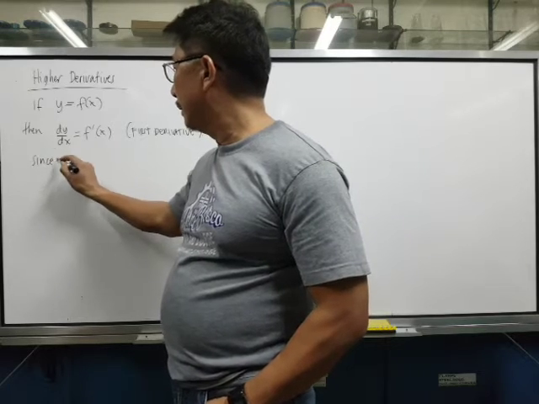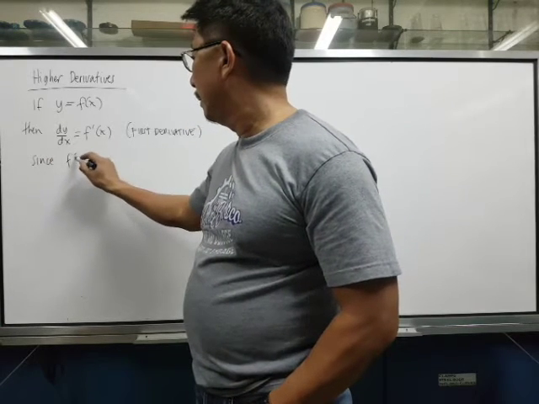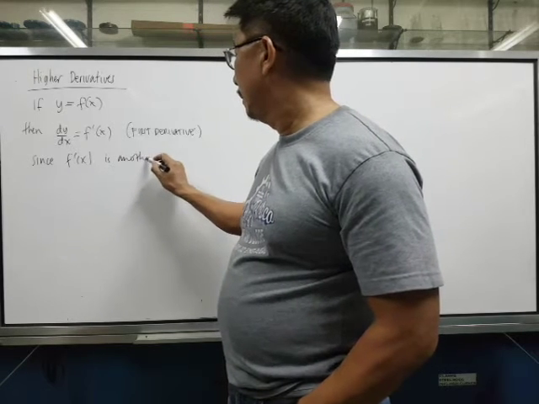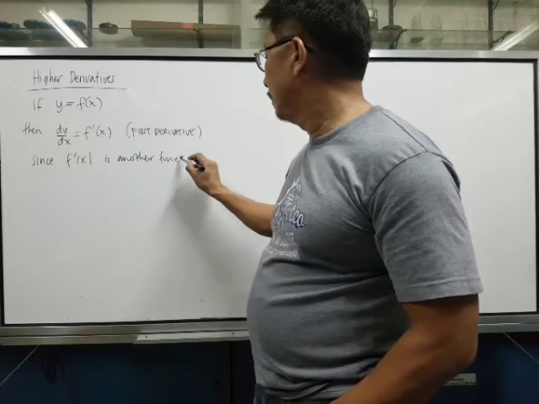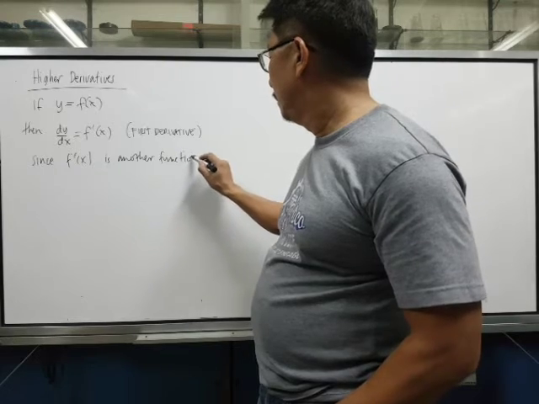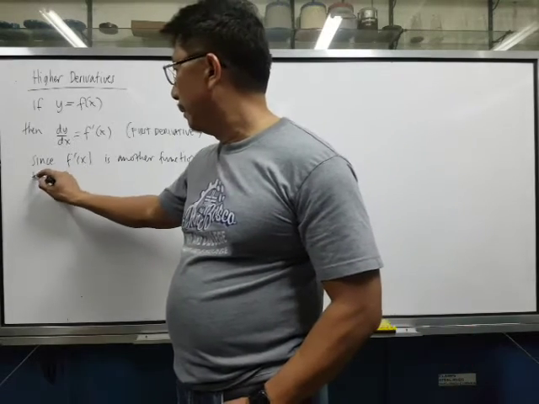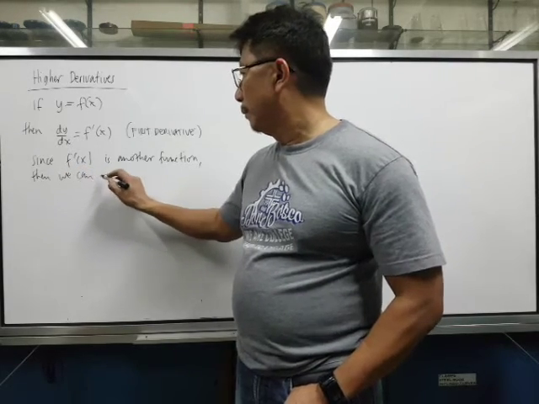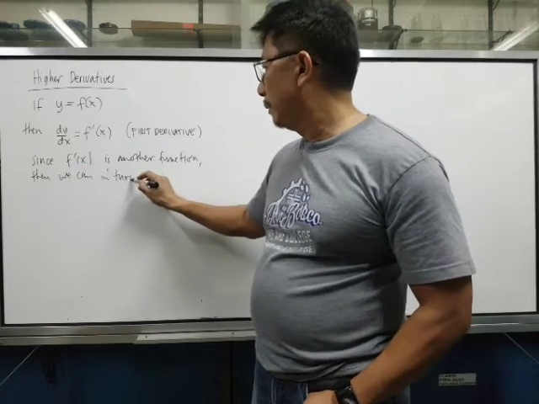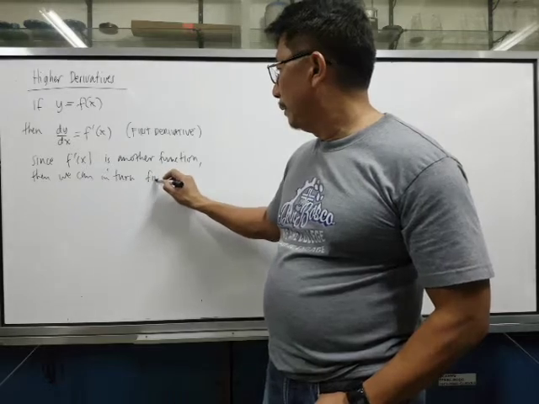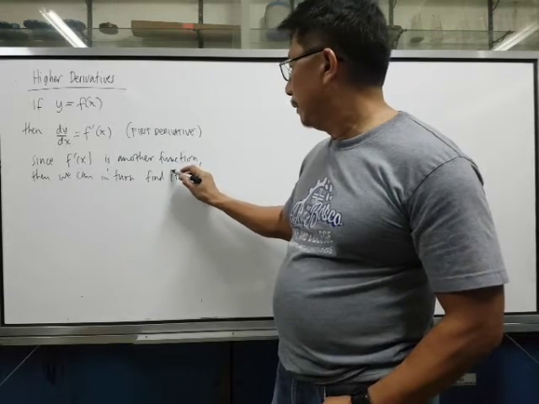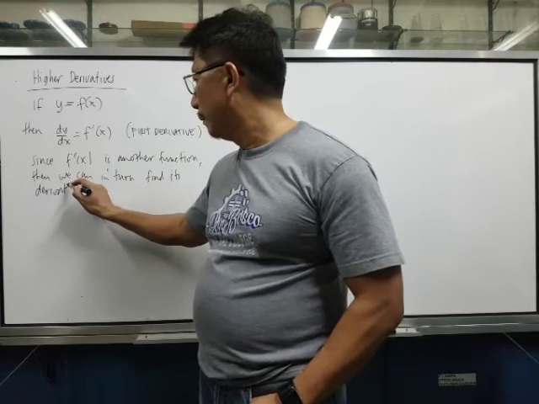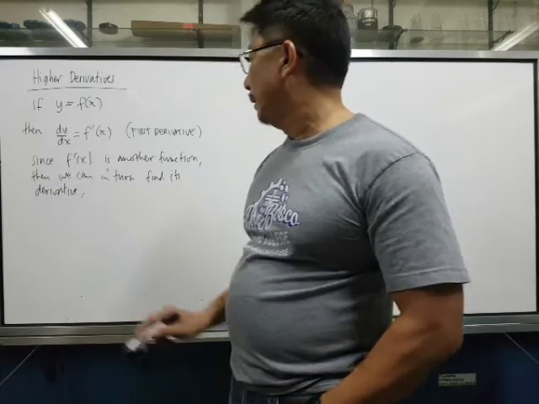So we can write here, since f prime of x is another function, then we can in turn find its derivative again.